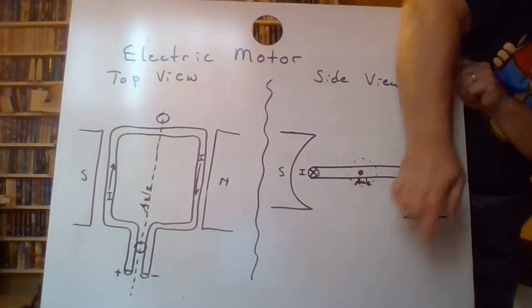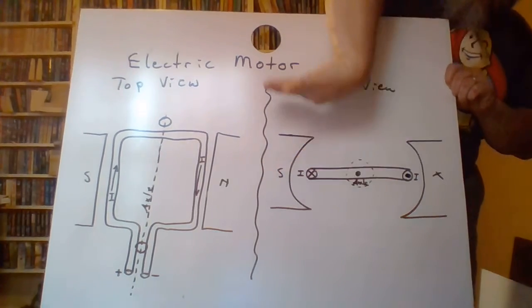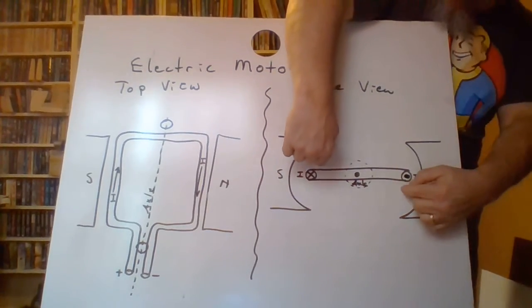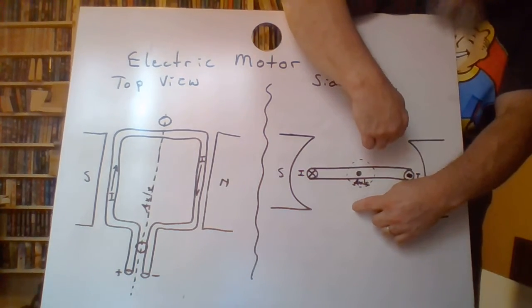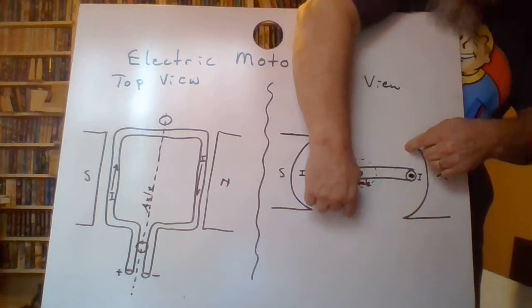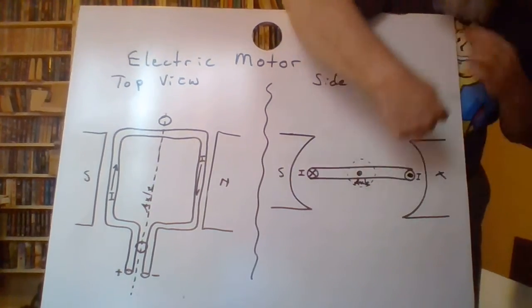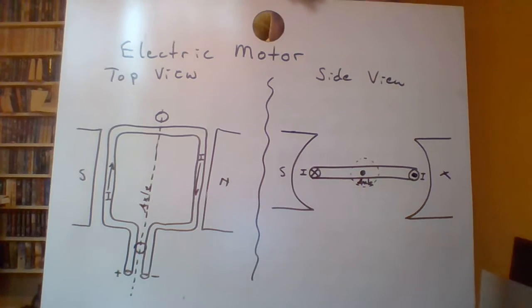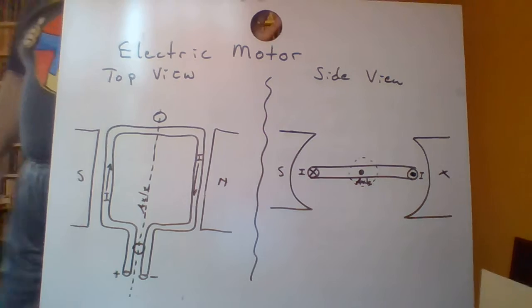Notice when my palm pushes down here, over here it would push up. So we get this rotation going on here. Switch the current halfway through the rotation, and it keeps that orientation happening, so that this is continuously flipping around. This is the principle on which an electric motor works.